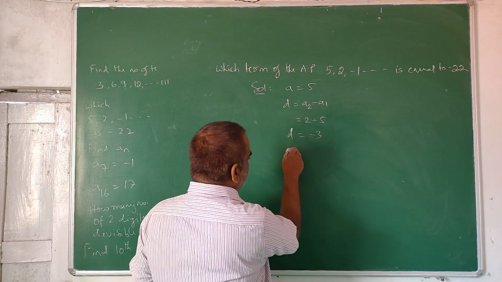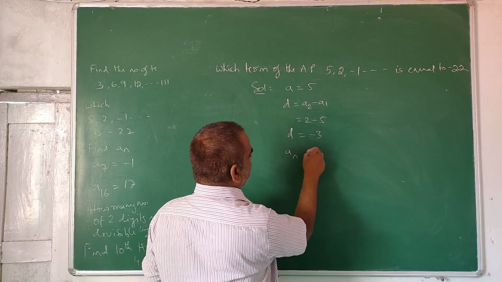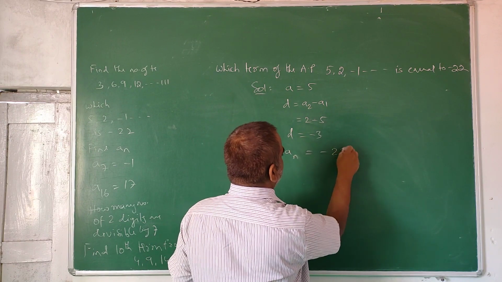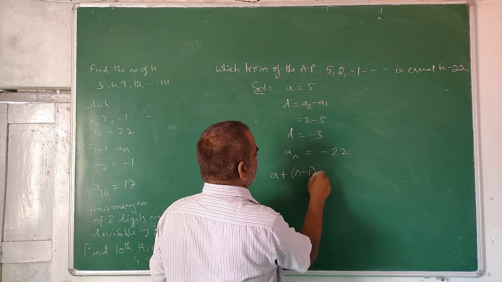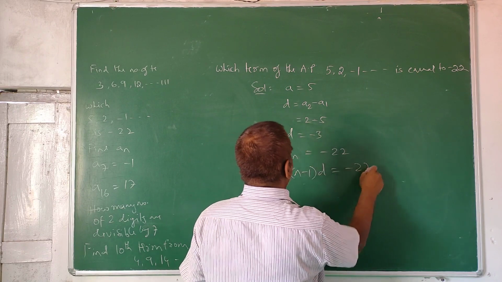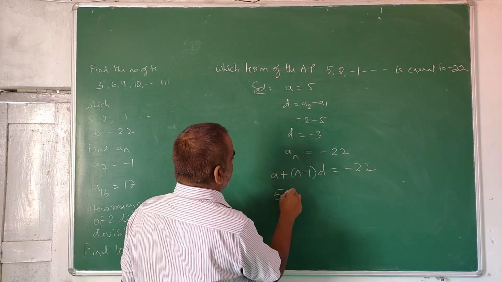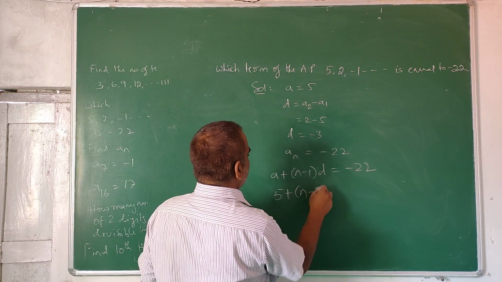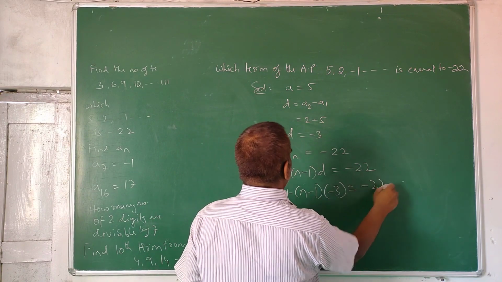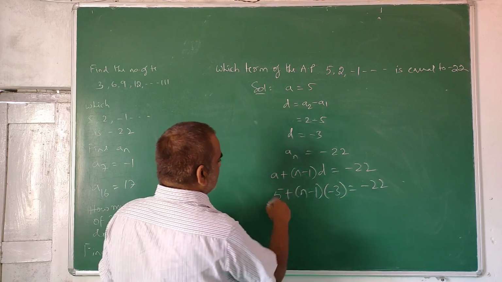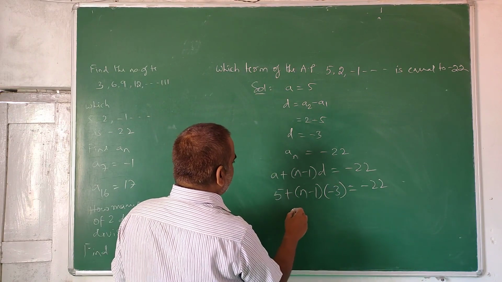Now which term is minus 22, he is asking. Let us consider AN is minus 22. So AN is A plus N minus 1 into D equal to minus 22, and A is 5, N is N only, and D is minus 3, equal to minus 22. Now by transposition, what do you get?